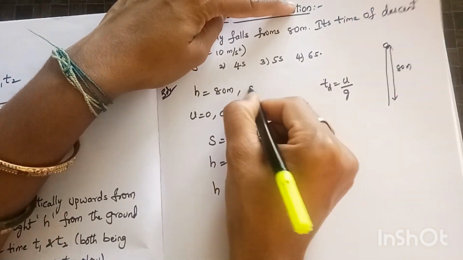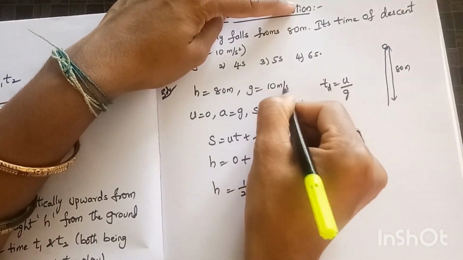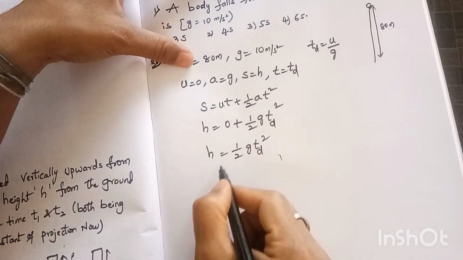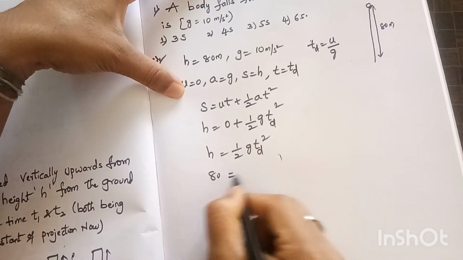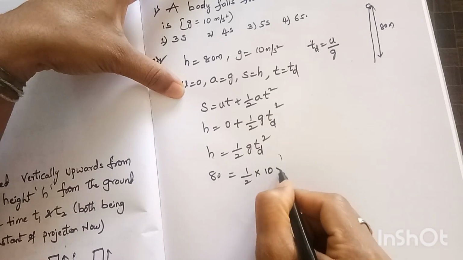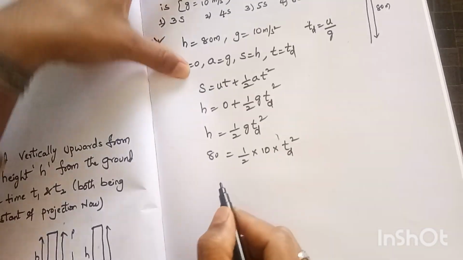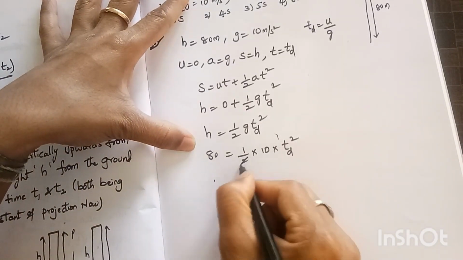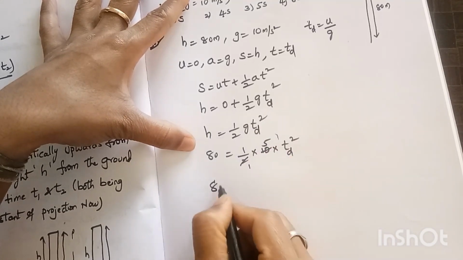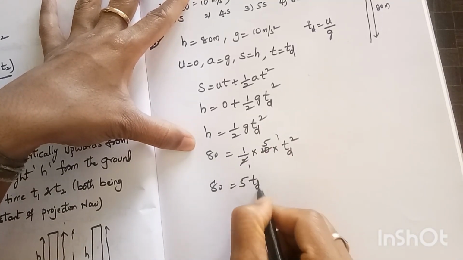What is the value of g? 10 meter per second square. So h is 80 meters, half g is 5, so 80 equals 5 td square.